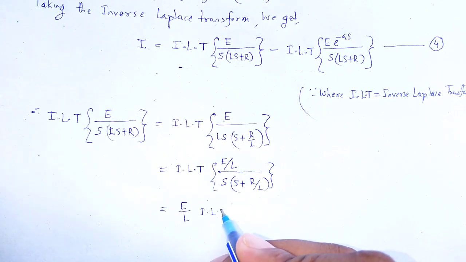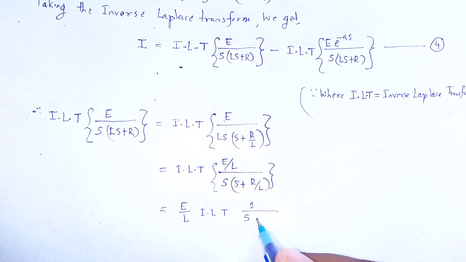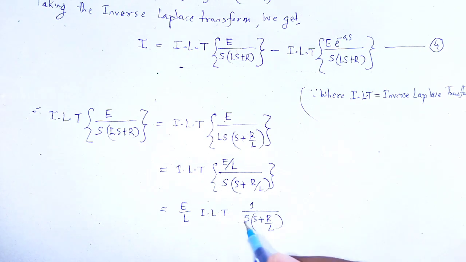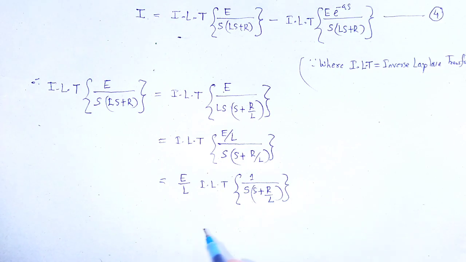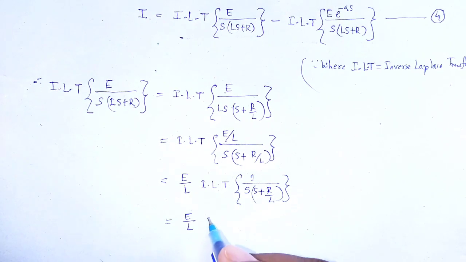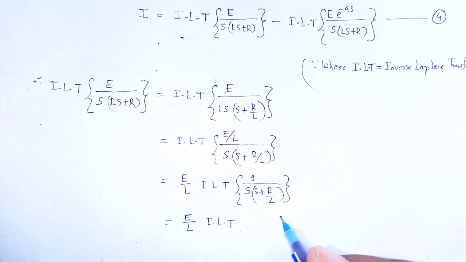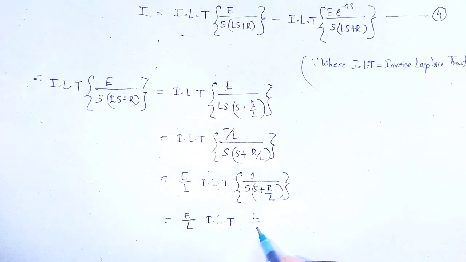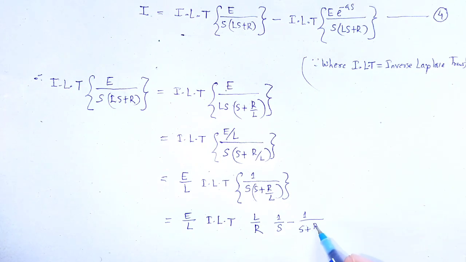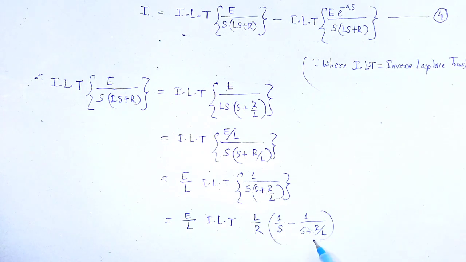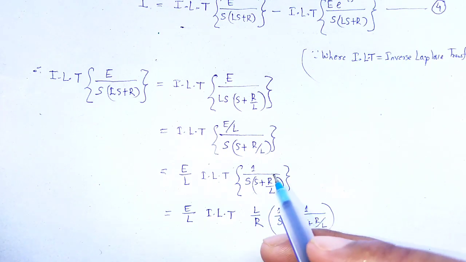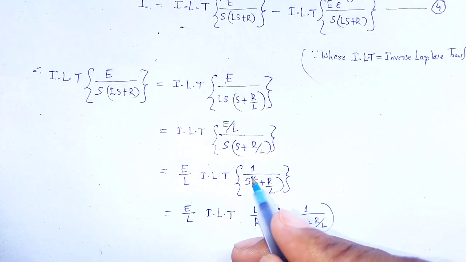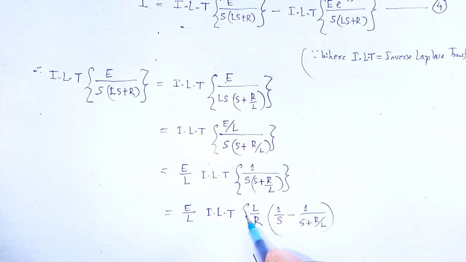So, the inverse Laplace transform of 1 divided by s whole into s plus R by L can be written as the inverse Laplace transform of L by R whole into 1 by s minus 1 divided by s plus R by L. When we take the LCM and multiply by the term L by R, we get the term 1 divided by s whole into s plus R by L.